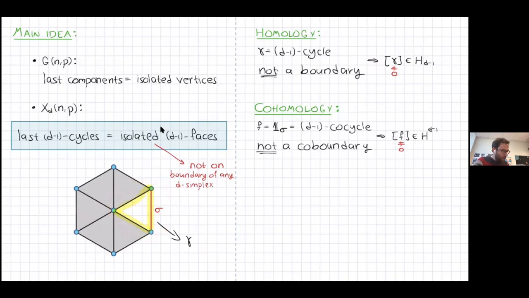So this is from the homology perspective. From the cohomology perspective, we can look at the indicator function for sigma. In cohomology we look at functions, so we look at a function that places 1 here and 0 everywhere else. First of all, this function is a cocycle.